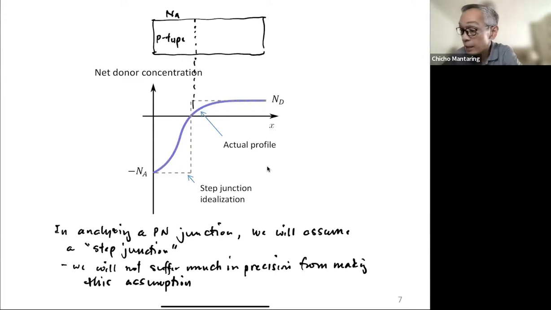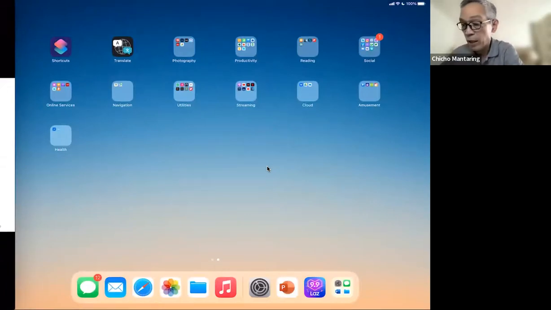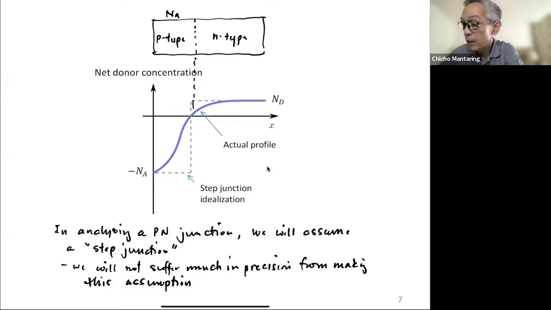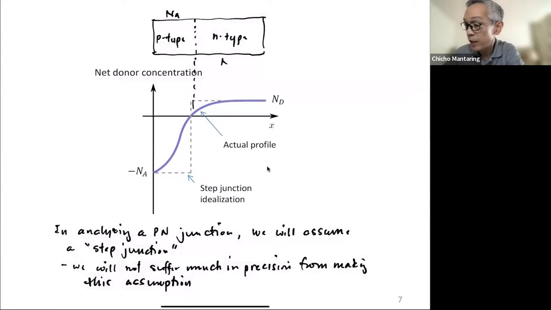And then the right side is an N-type with donor concentration N sub D. Okay, so this is now your PN junction. The interface from the P type to the N type, this is your PN junction.